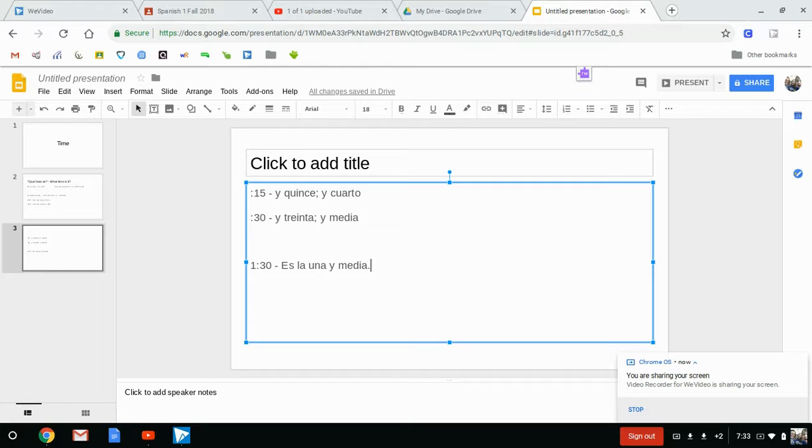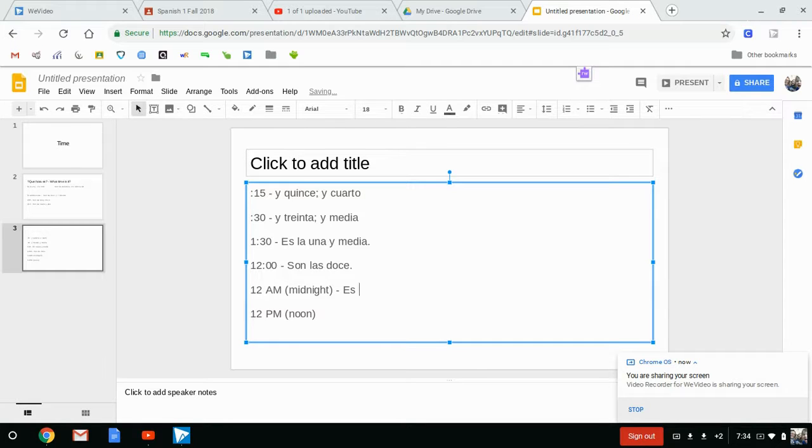A couple of other vocab things. If you wanted to say 12 o'clock, yes, you can say son las doce. That's fine. But there's an easier way to do this. If it's 12 a.m., that's midnight, or 12 p.m., which is noon, there are a couple of additional vocab words here.